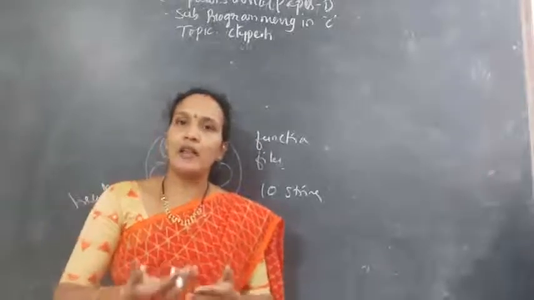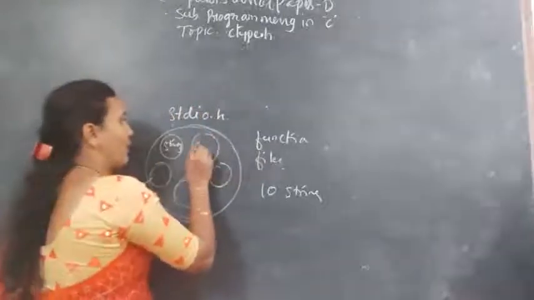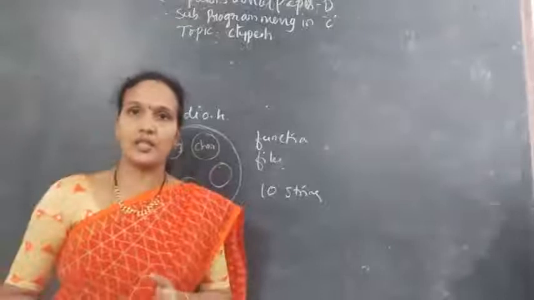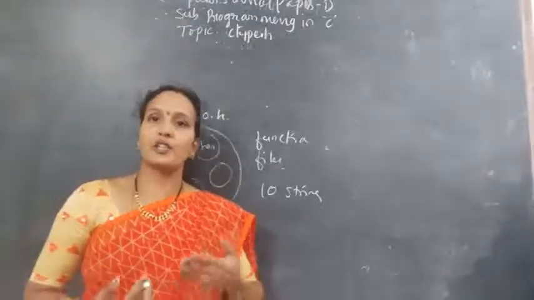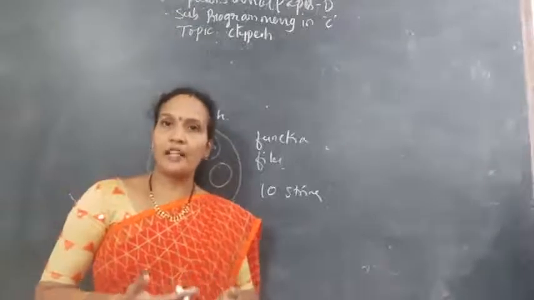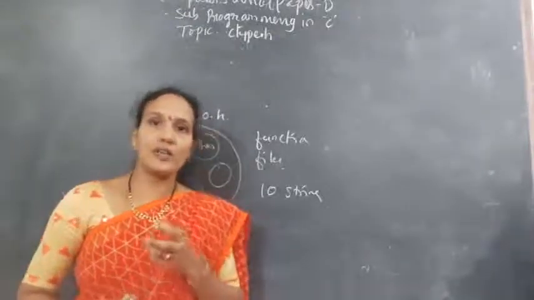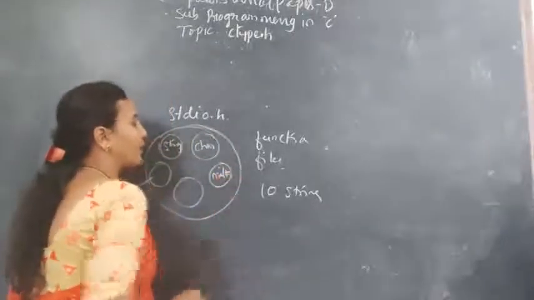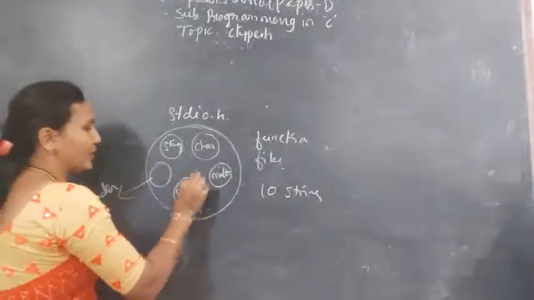All the character-related functions are stored in one header file, character. Next, if you have math functions like addition, subtraction, average, minimum, maximum, sine, cos, tan, square root, such functions are stored in math. And if you have date functions, those come under utilities.